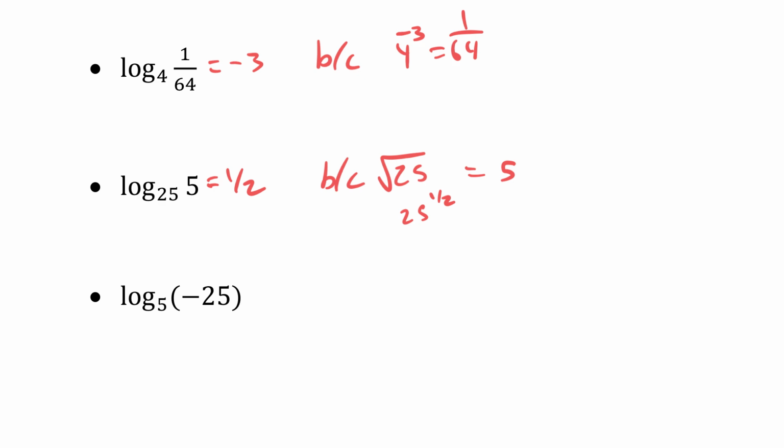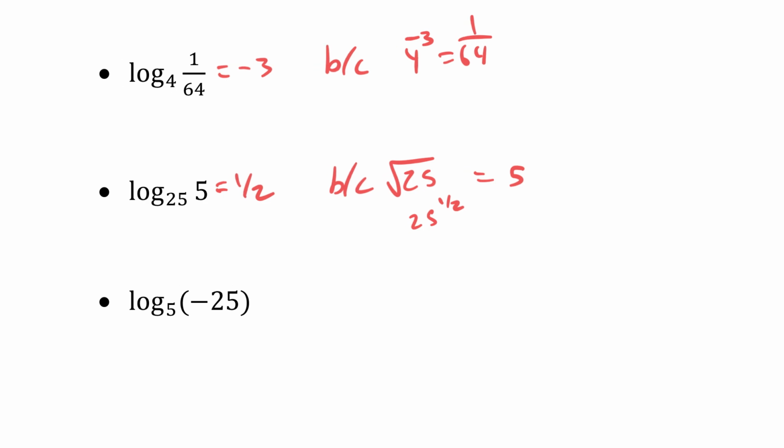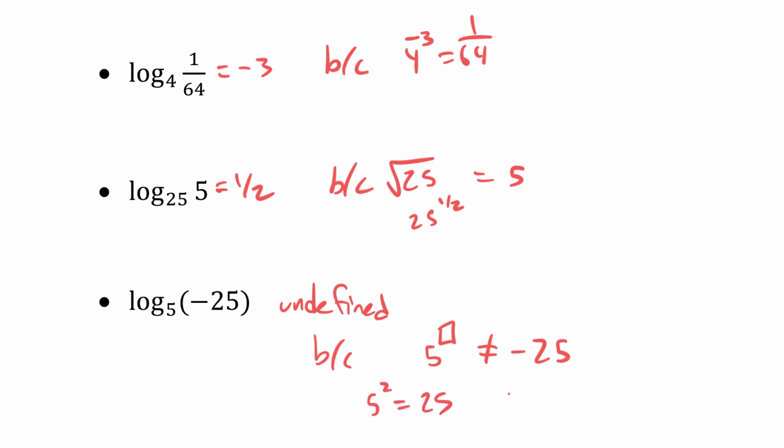All right, one last one. Log base 5 of -25. Try this one out. How do you get -25 from 5? Well, if you try this on your calculator, unfortunately, you're going to get undefined. You're going to get an error. That's because no matter what power you raise 5 to, you're never going to get a -25. 5 to the 2 is positive 25. 5 to the -2 is 1 over 25.